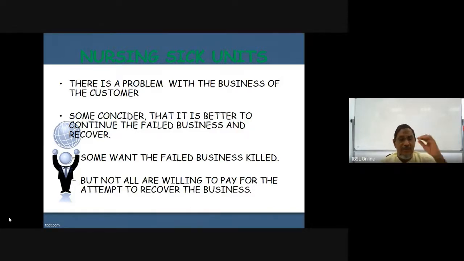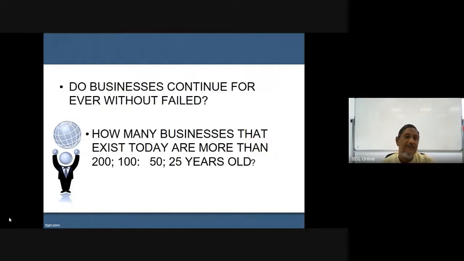They want a pound of flesh, and they do not consider the continuity of the business, and they try to recover from their assets, and the business will be over, collapsed. But not all are willing to pay for the attempt to recover the business.